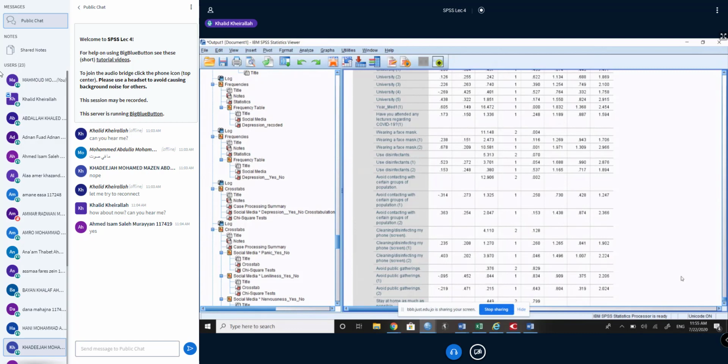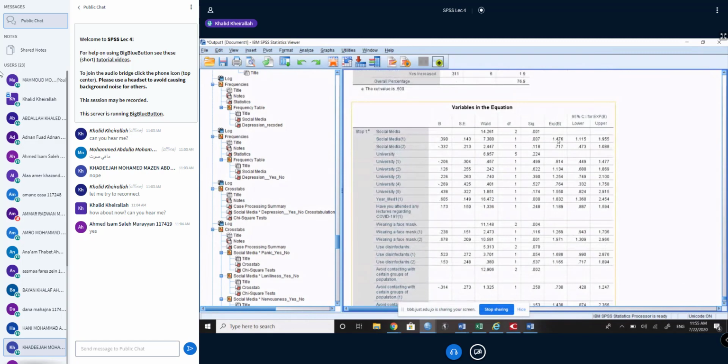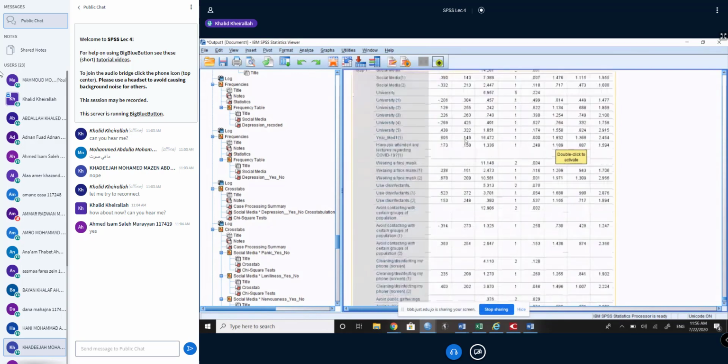Now, each time we add a variable to this table, these actual numbers will be changing. Sometimes you will lose an association because what you are assessing is two factors. So sometimes when wearing a mask, you are actually also assessing the use of disinfectant. So these two factors are called redundant variables.